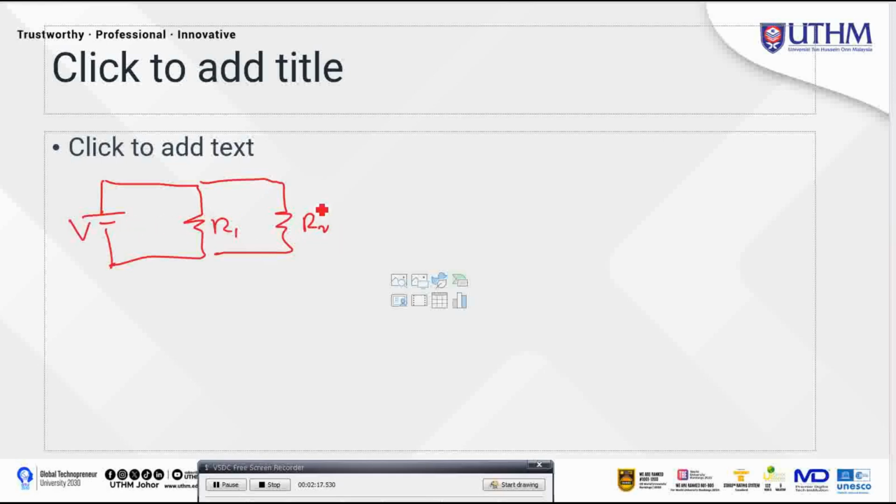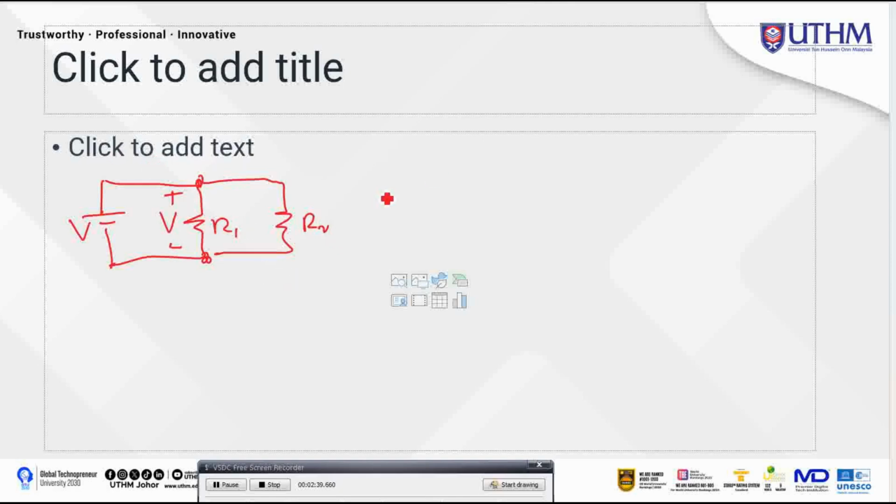From this we can see that the voltage across R1 and the voltage across R2 are the same as the voltage supply. At this point and this point is V, V plus and V minus. Same with R2.